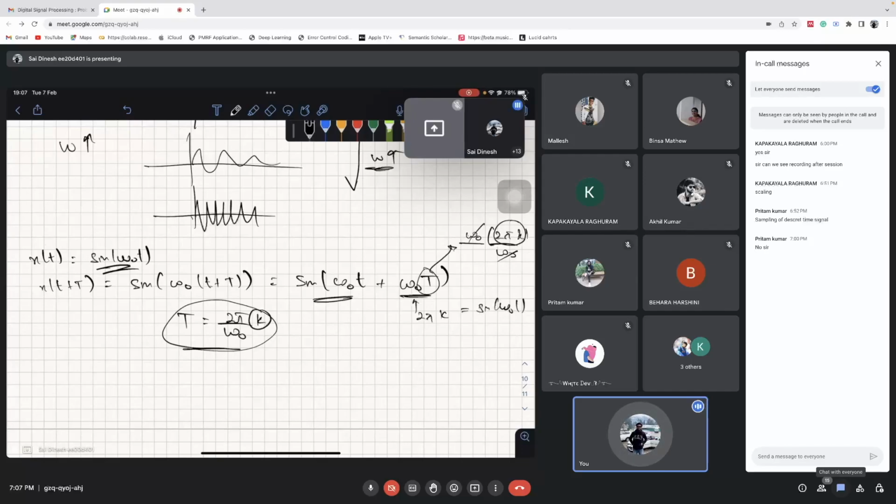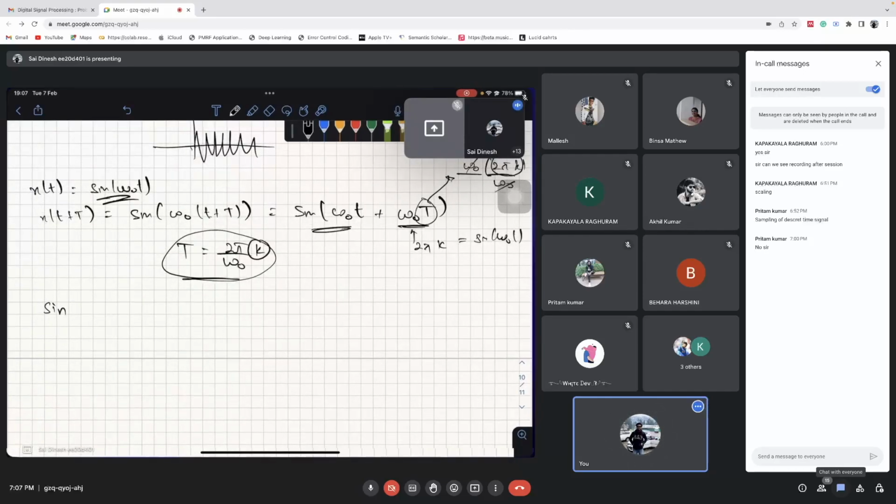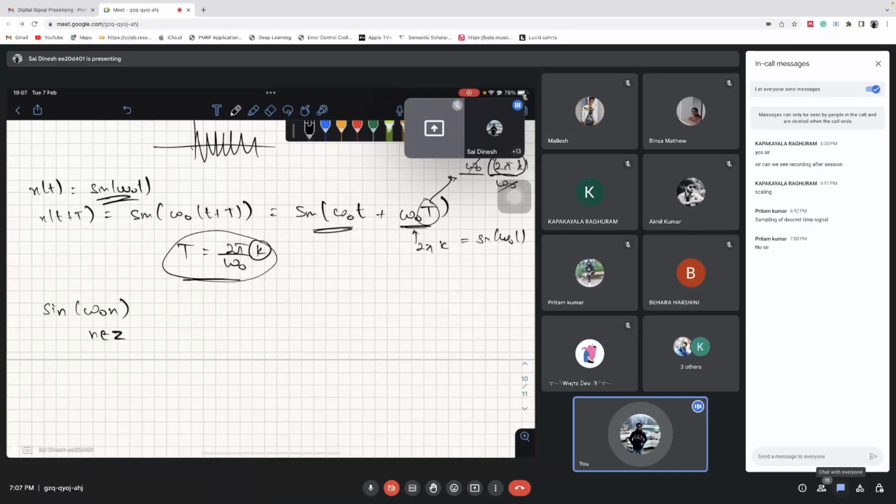But this is not the case with discrete time signals. Let's say we have sine omega naught n, where n belongs to integers. Now let's take a capital N. Then sin of omega naught (n plus capital N) is omega naught n plus omega naught capital N. Now n is an integer here.